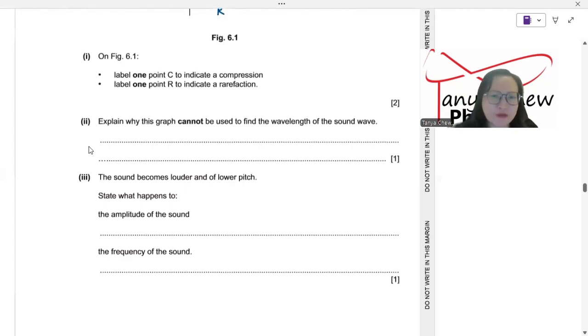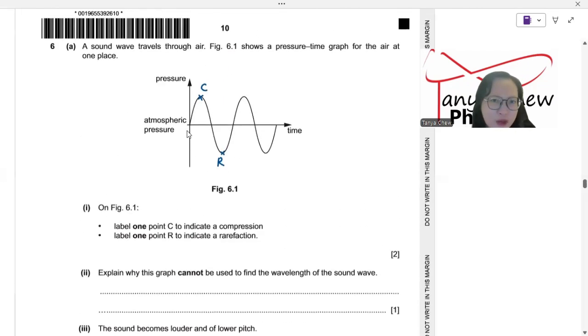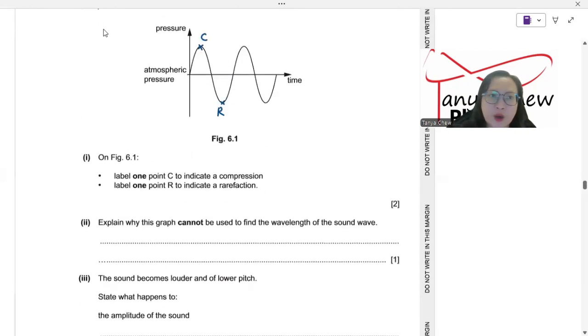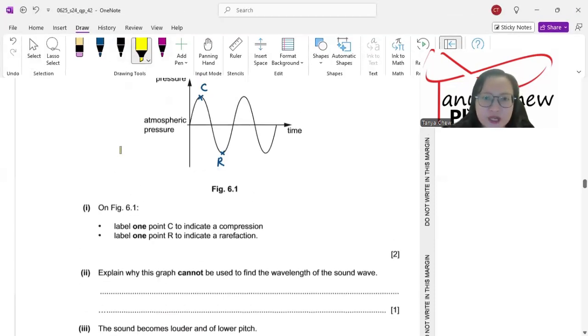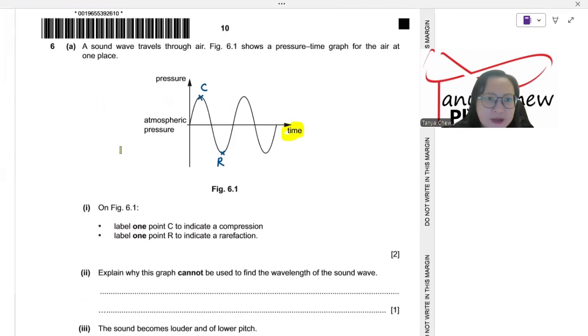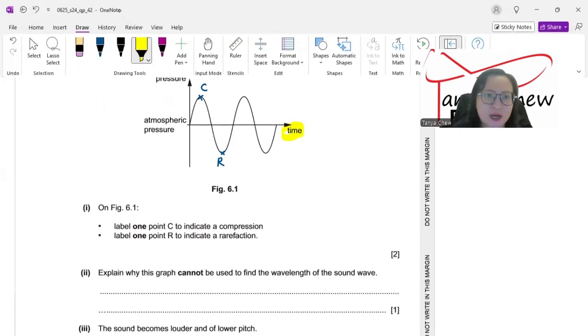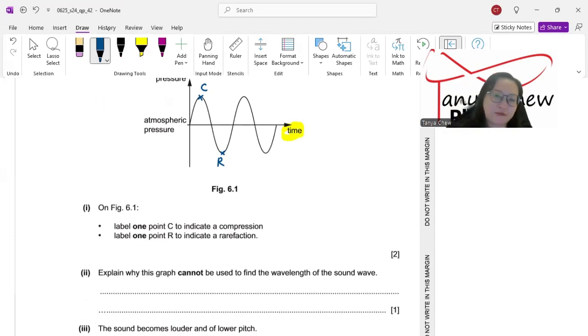Explain why this graph cannot be used to find the wavelength of the sound wave. Remember, how do we use the graph to find the wavelength? I want you to see this very closely. Look at the x-axis. It is time. When the x-axis is time, we can just use this graph to find the period and to calculate the frequency. How do I find the wavelength?